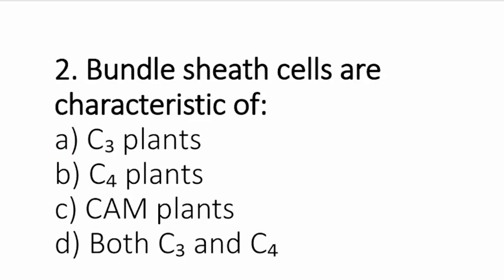Next question is, the bundle sheath cells are characteristics of, option A is C3 plants, option B is C4 plants, option C is CAM plants, and option D is both C3 and C4 plants. Bundle sheath cells are a single layer of cells that surrounds the vascular bundle, and this special type of anatomy is known as Kranz anatomy.